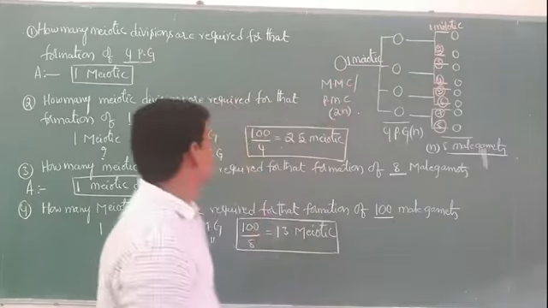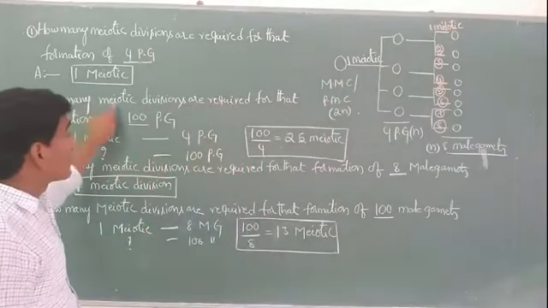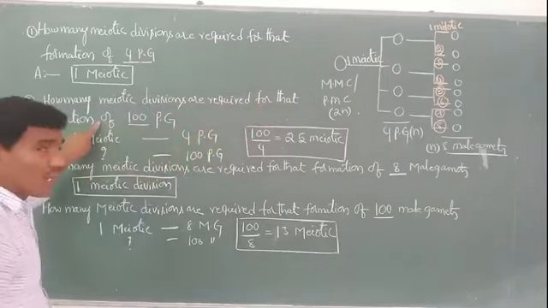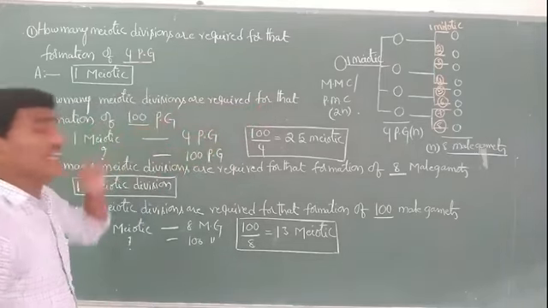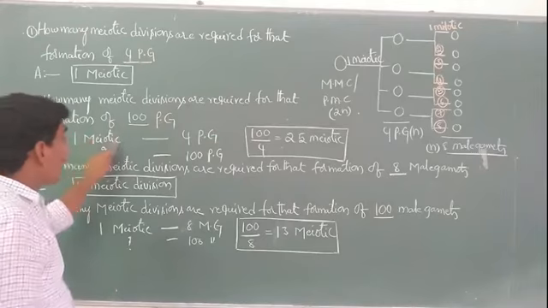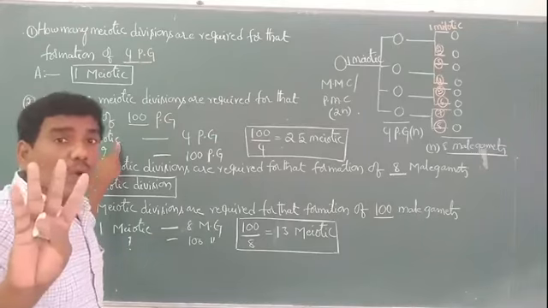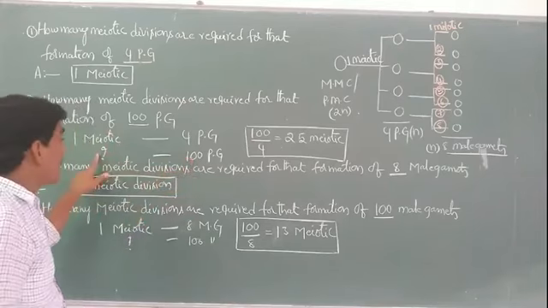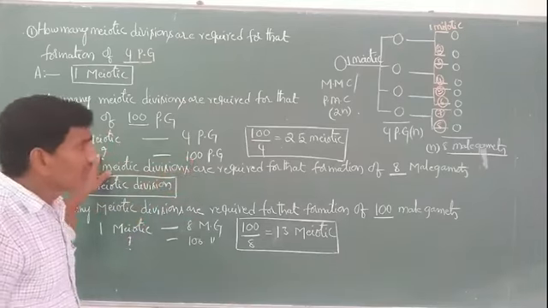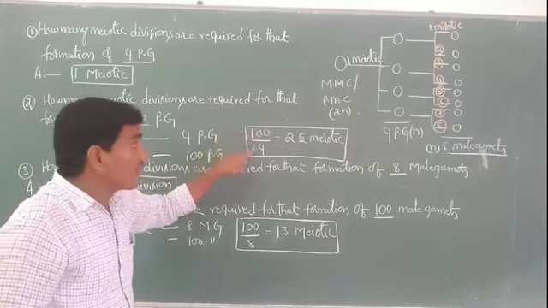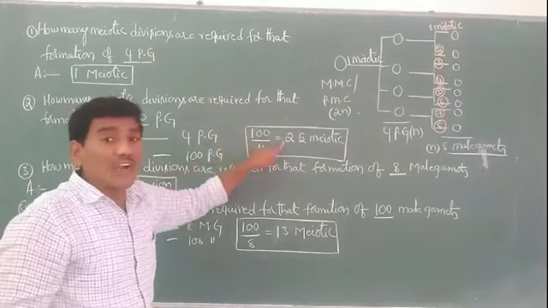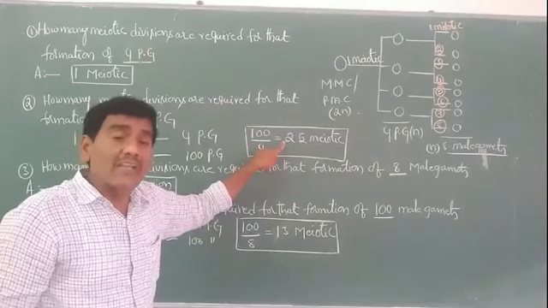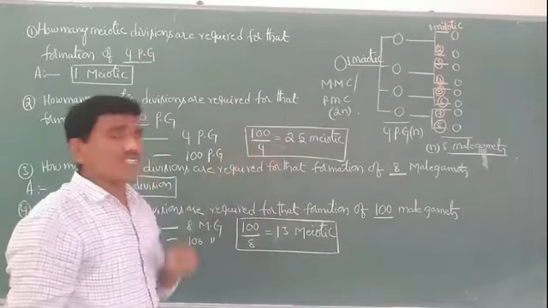Second question: how many meiotic divisions are required for the formation of 100 pollen grains? 1 meiotic division gives 4 pollen grains. So 100 by 4, 25 meiotic divisions are required for the formation of 100 pollen grains.